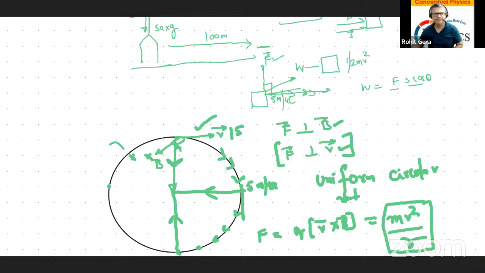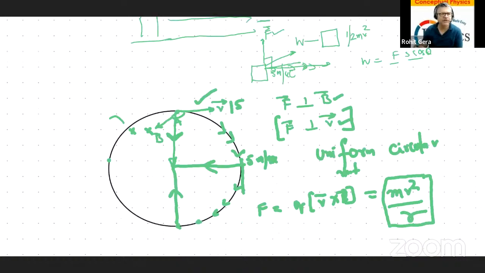Which means if you consider the velocity vector at the top, you can write this velocity vector as 5i. And if you know the velocity vector here, this is minus 5j. If you see the velocity vector here, it is minus 5i. If you see the velocity vector here, you can split it into two parts if you know this angle theta.